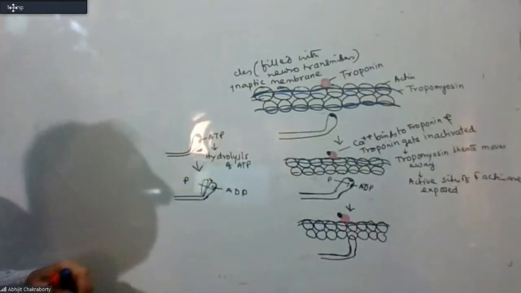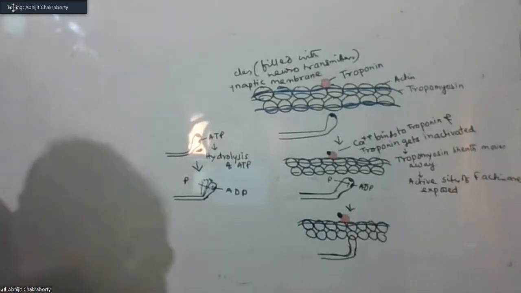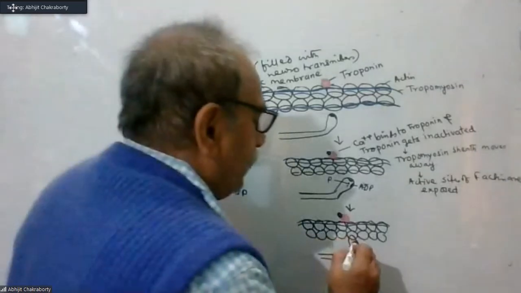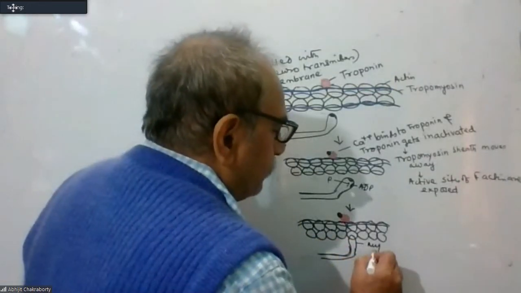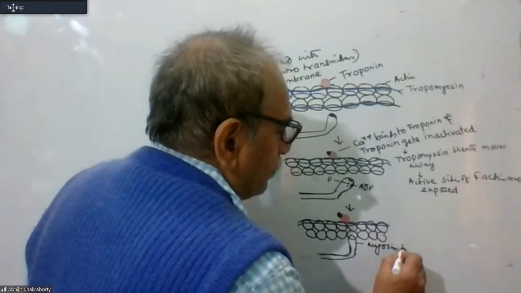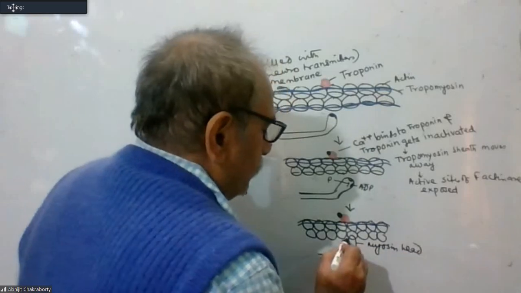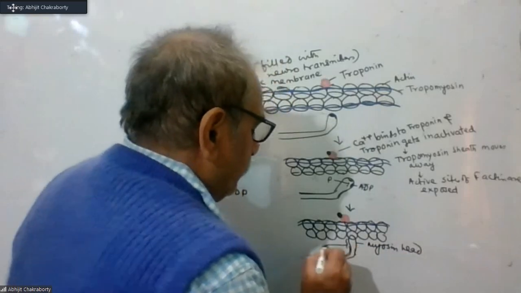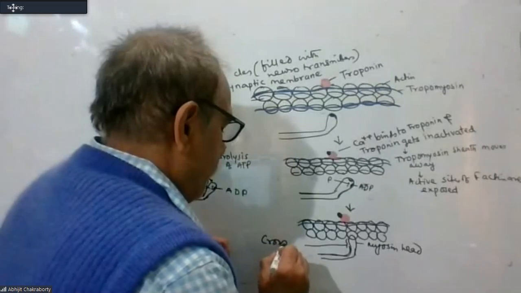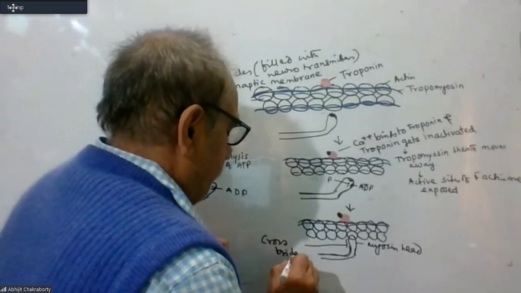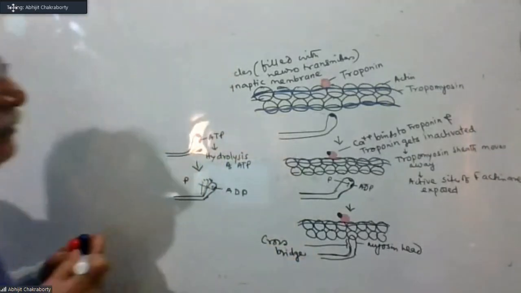Now, myosin head binds to actin and a cross bridge is formed here.